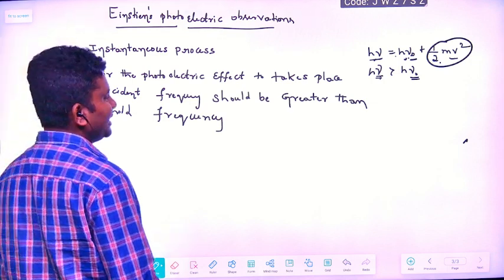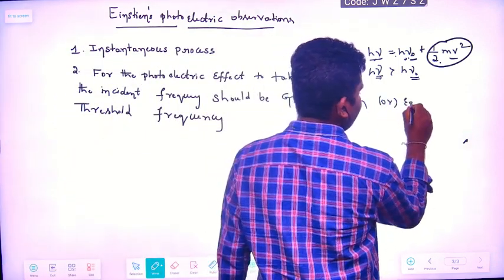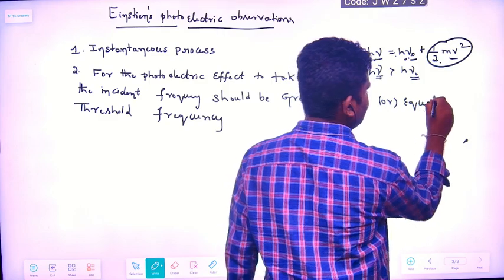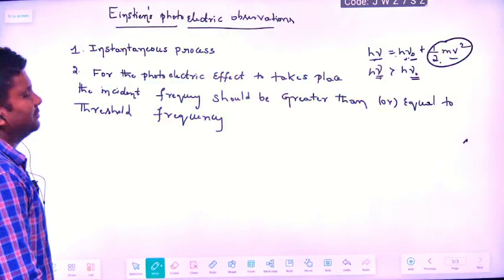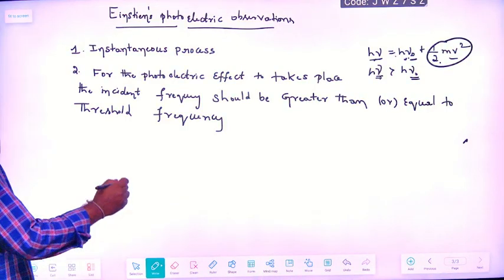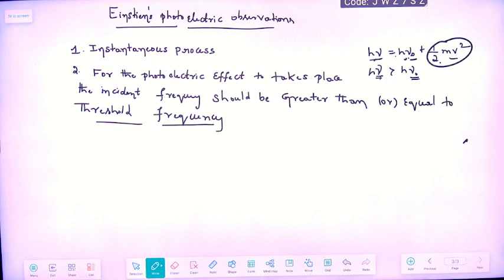You should write greater than or equal to threshold frequency.